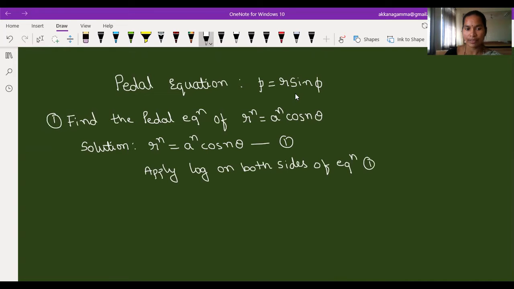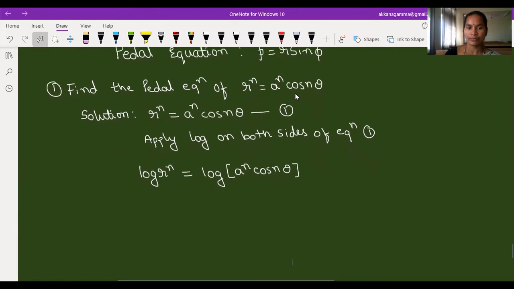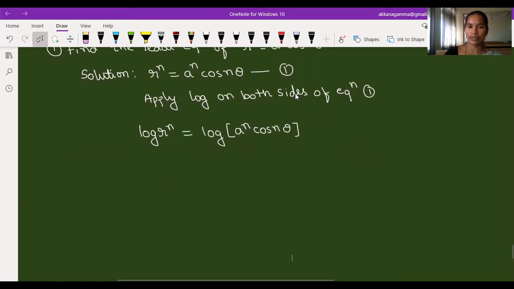So we have log of r to the power n on the LHS, and similarly log of a to the power n into cos of n theta on the RHS. After applying the log function, we got log of r to the power n equal to log of a to the power n into cos n theta.